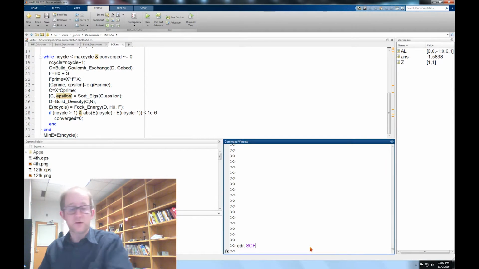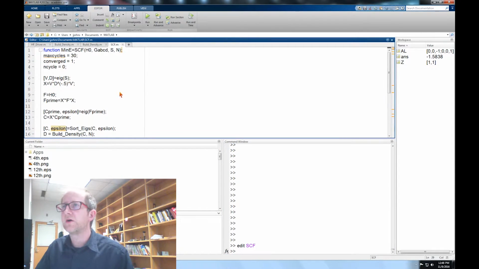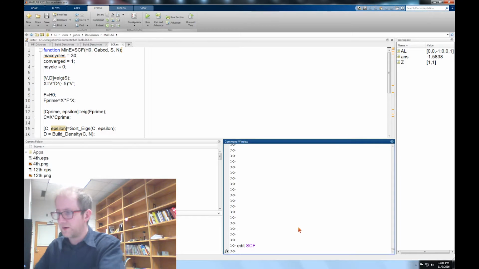Now we have to go back and write some of those helper functions. Let's go through here and make sure we get them all. The first one that we wrote was sort eigs. We want to get the n lowest eigenvalues and eigenvectors. So let's edit sort eigs.